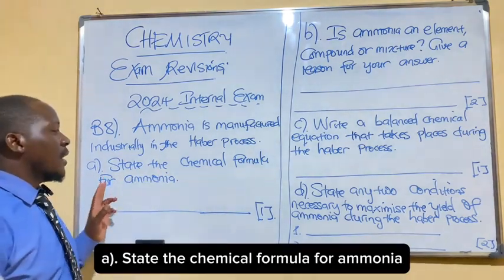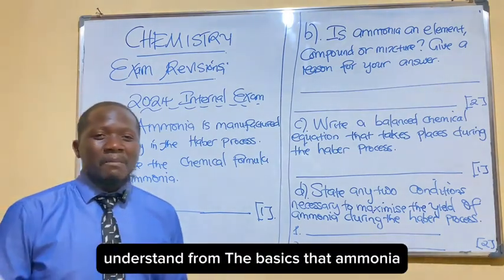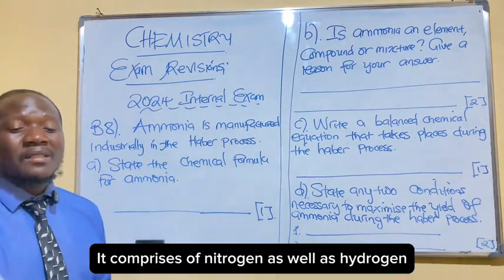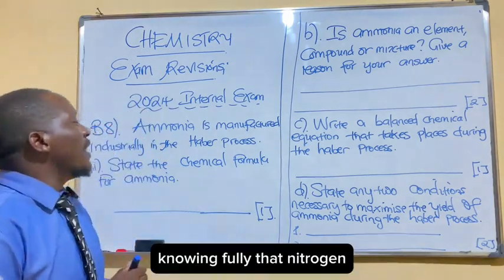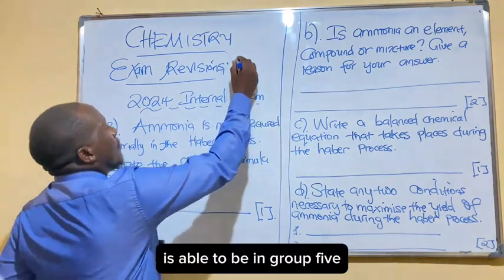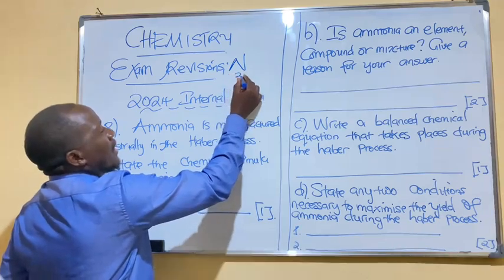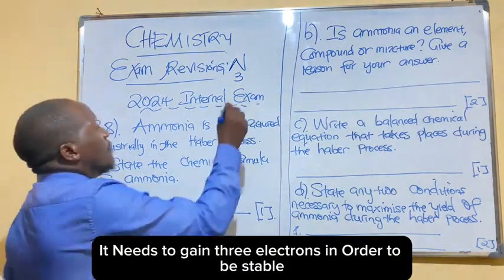A. State the chemical formula for ammonia. I want you to understand from the basics that ammonia comprises two elements: nitrogen as well as hydrogen. Knowing that nitrogen is in group 5, it simply means it needs to gain 3 electrons in order to be stable.